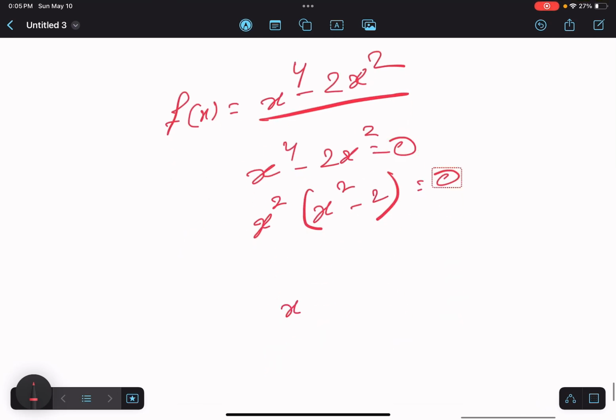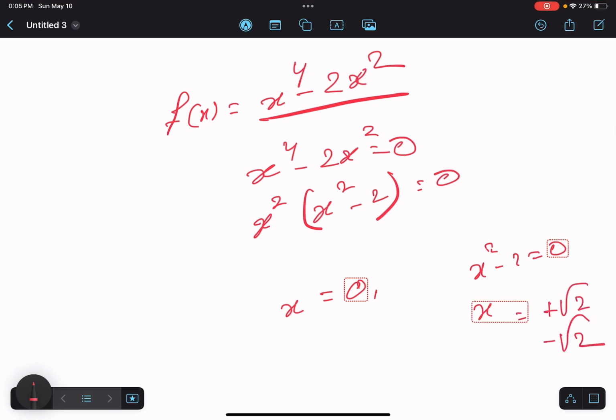So I can say that x is equal to 0. From here I can also say that x square minus 2 is equal to 0. That means x is equal to plus root 2 and x is equal to minus root 2, right? This is what it is about.